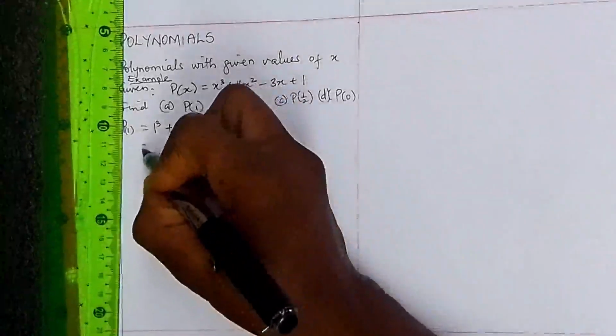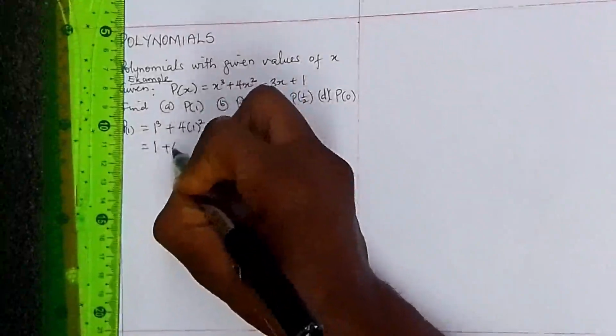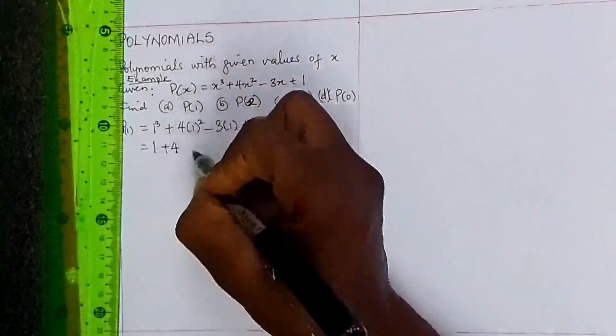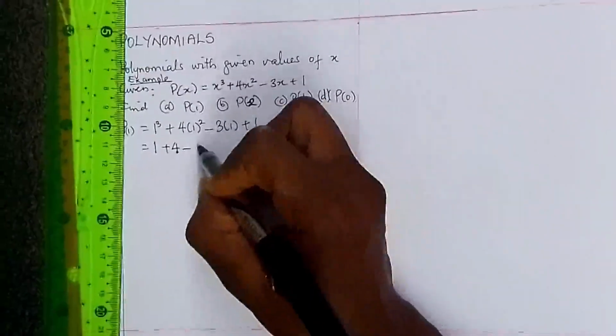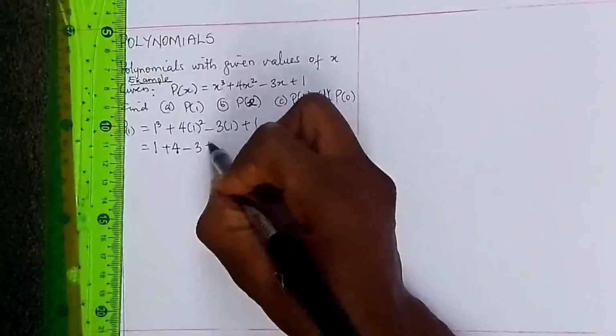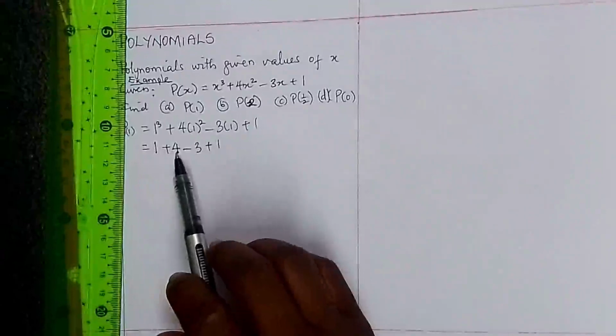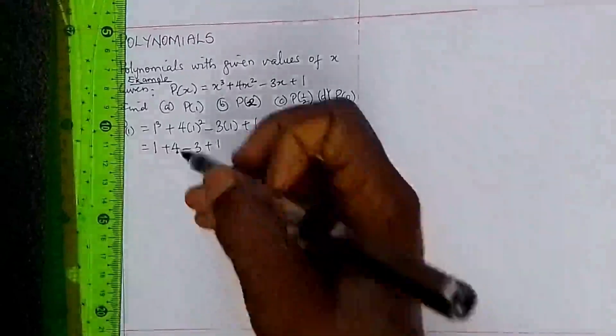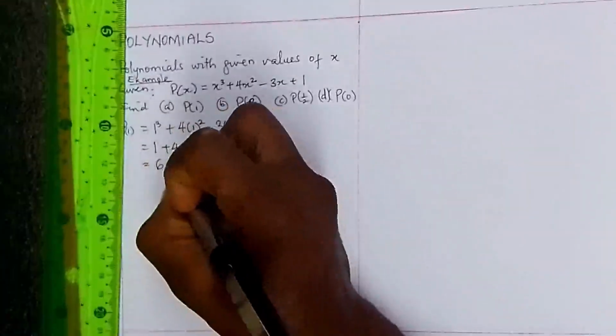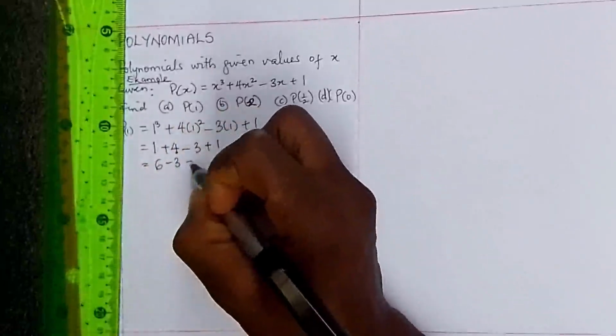So 1 raised to the power of 3 is 1, plus 4 times 1 is 4, minus 3 times 1 is 3, plus 1. Let's add the positive numbers first. 1 plus 4, 5, plus 1, 6. So we have 6 minus 3. The answer gives us 3.